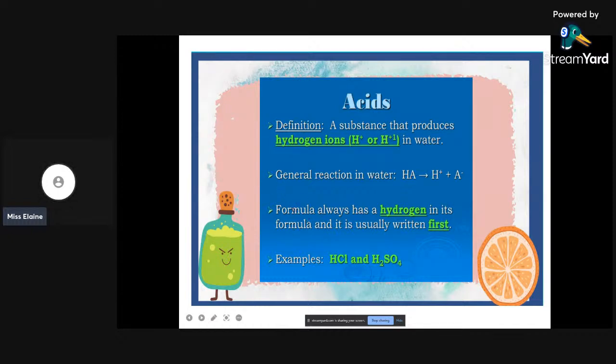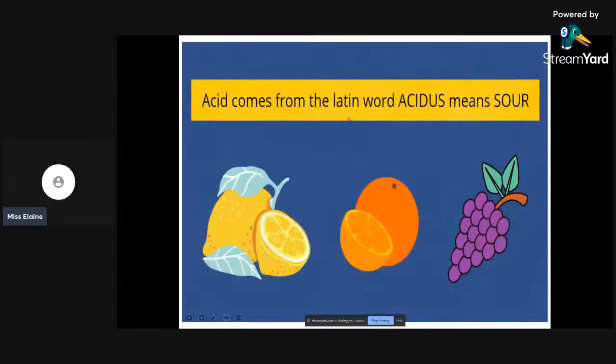Later on, I'm going to differentiate those. But for now, when we say acid, the hydrogen is leading. It is usually written first. If you look at our examples here, hydrochloric acid, H2SO4, hydrogen is always in front.